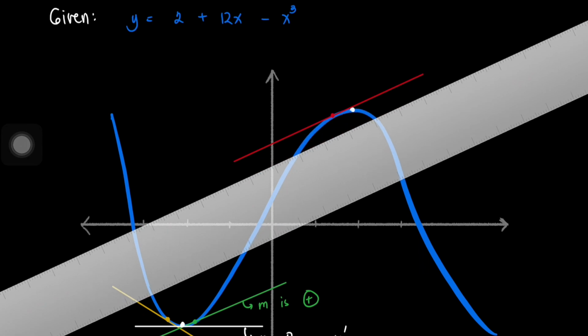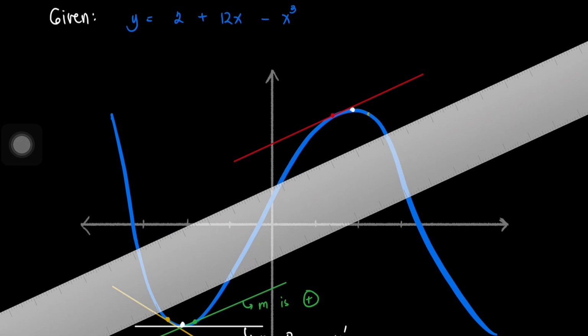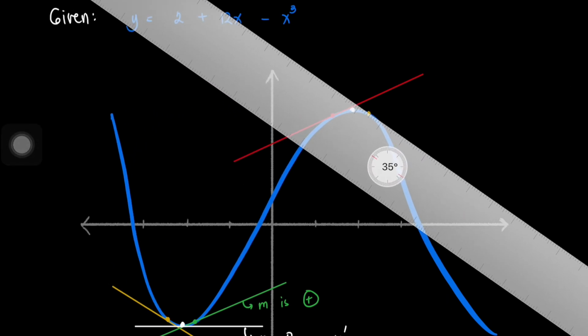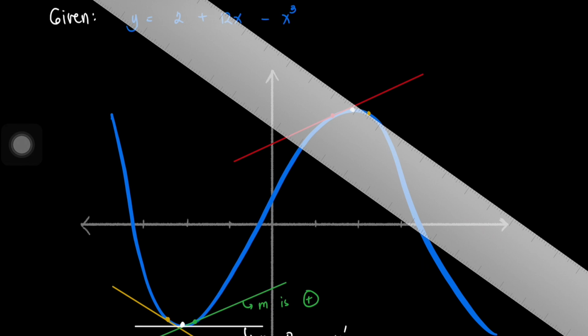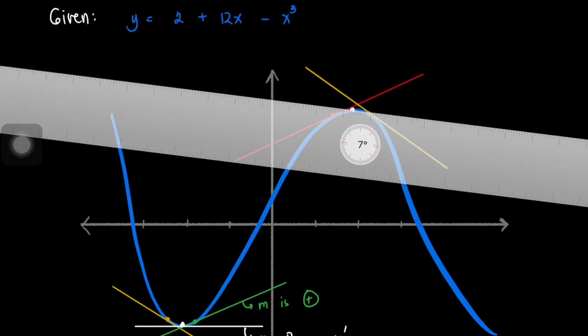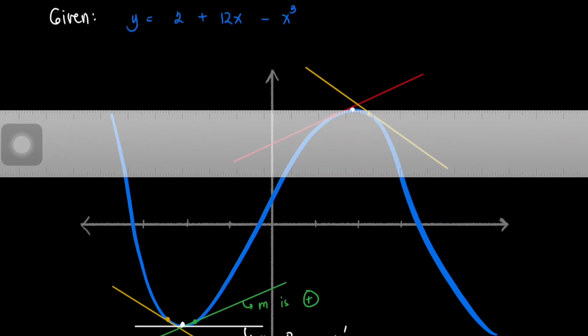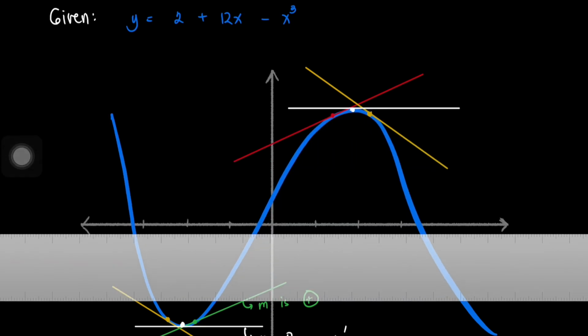If we draw tangent lines at these points, it can be seen that at this point the slope is positive, and at this point the slope is negative.